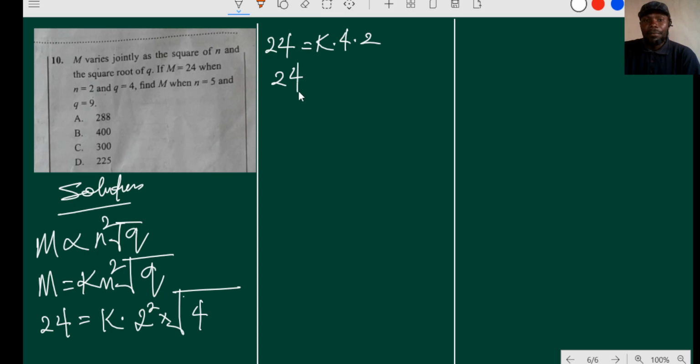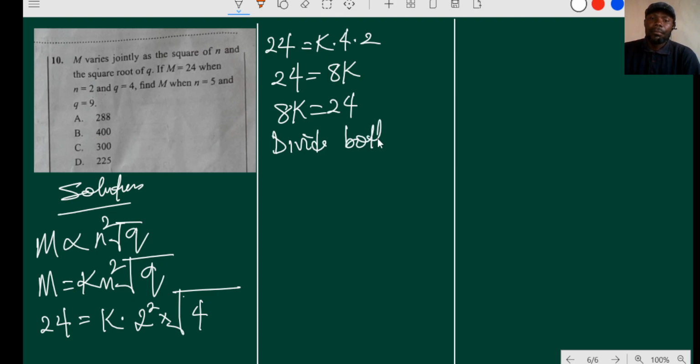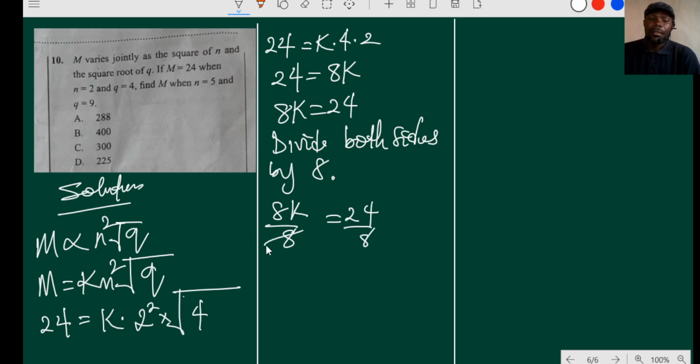So we have 24 is equal to 8k. You can rewrite, you have 8k to be equal to 24. Divide both sides by 8. So we have 8k over 8 is equal to 24 over 8. So we have k is equal to 3.